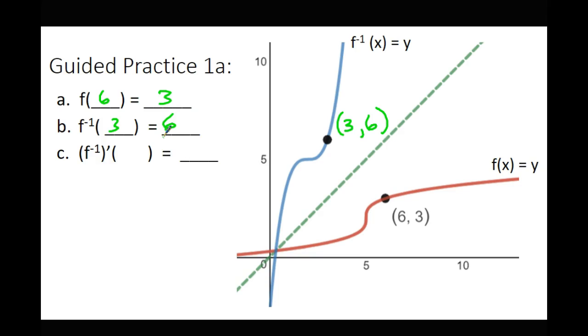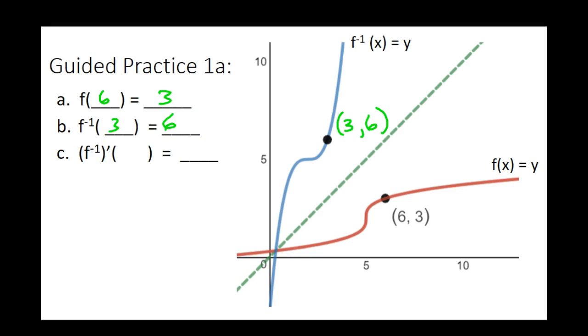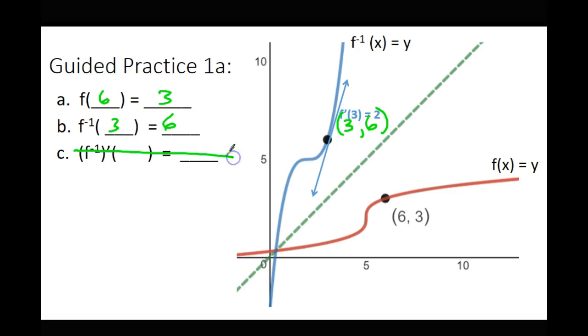I need to give you information first. Ready? Darn it. All right, I'm going to change this then. This is f inverse prime of 3 equals 2. I kind of goofed up there. So I'm giving you the slope of the inverse function here at x equals 3 is 2.